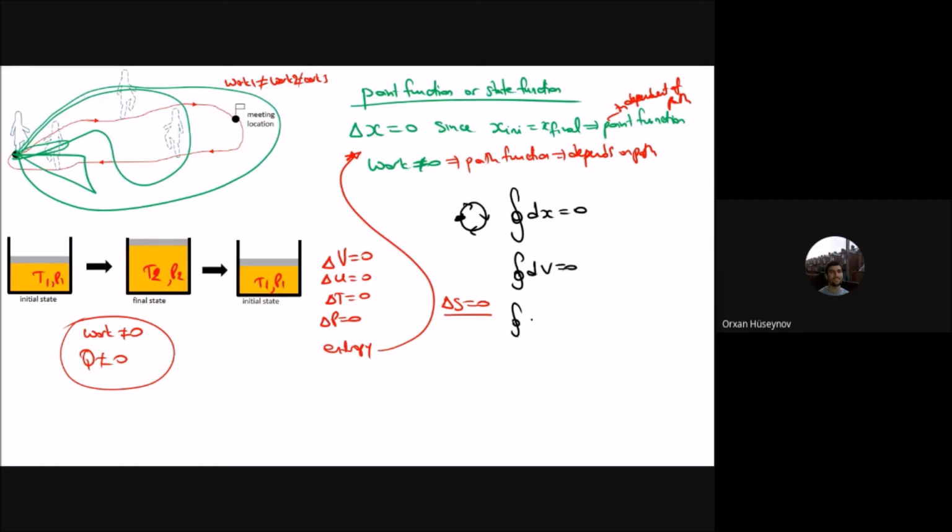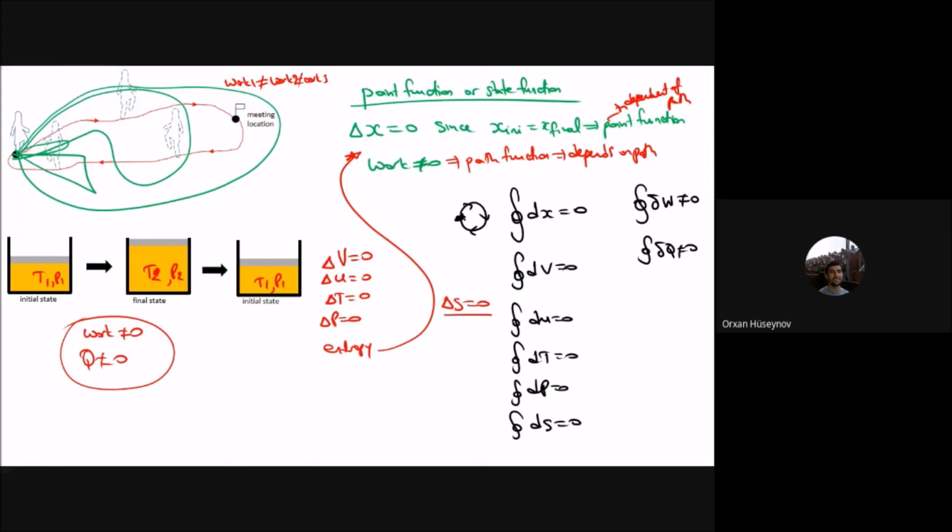For the entropy, I will show it in next slides, but ds is 0. But the cyclic integral of the work is never 0, and the cyclic integral of heat is never 0.